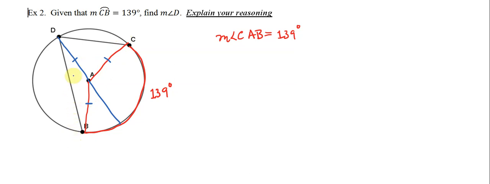So remember, this is one of the strategies that we want to employ, using radii of the circle. And notice here what we have is a couple of different isosceles triangles. So the first isosceles triangle that we have is CDA.